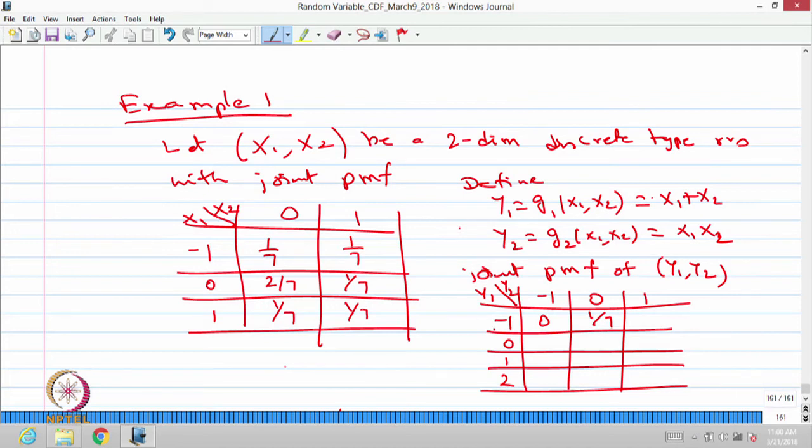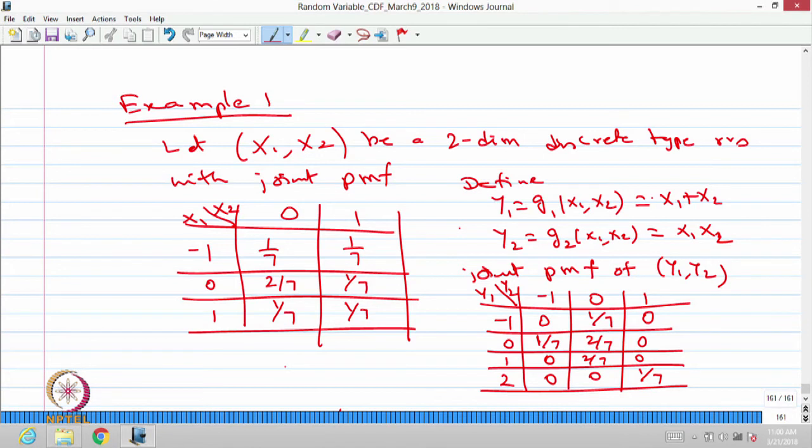Similarly, y1 is minus 1 and y2 is plus 1 is not possible, therefore the probability is 0. Similarly, you can fill up the other elements: 1 by 7, this is 2 by 7, you can verify, 0, this is 0, 2 by 7, again there is no possibility, therefore the probability is 0, and this is 1 by 7.